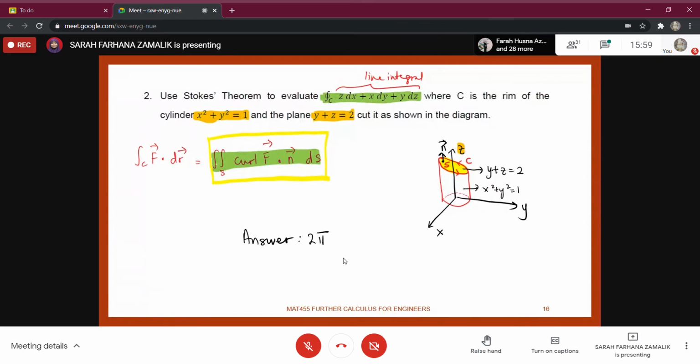So that is your S, y plus z equals 2. This is our S.